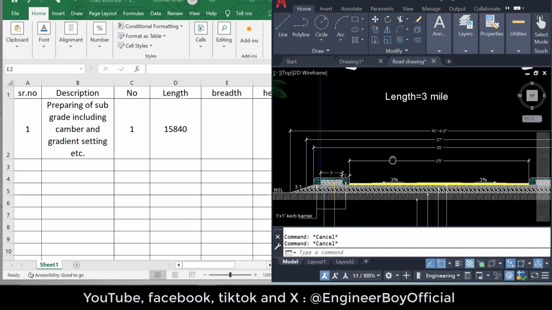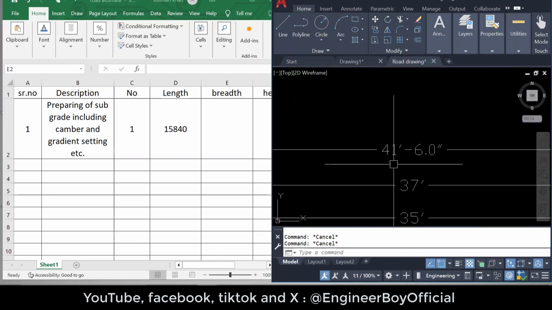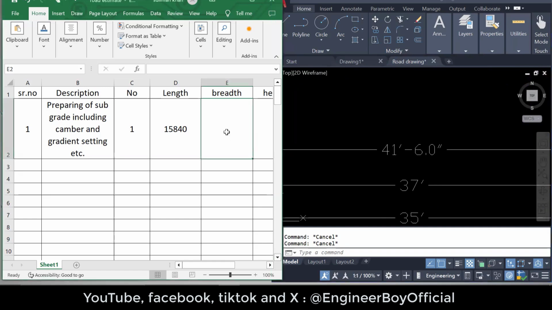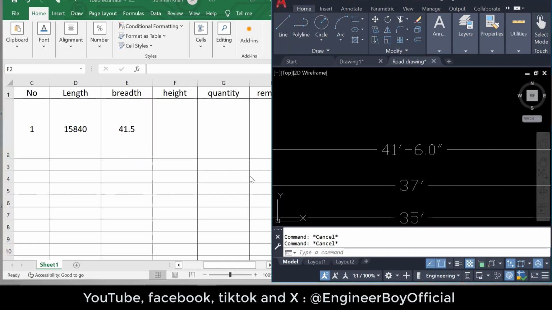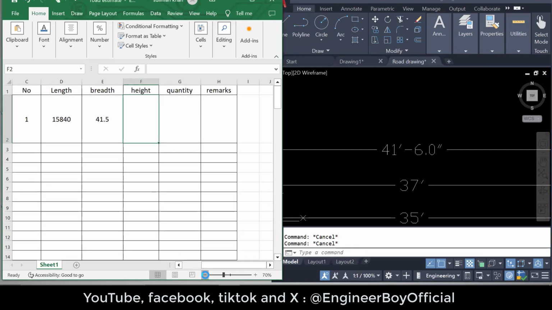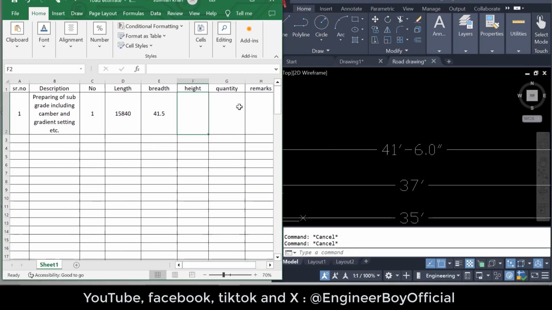So the land width is 41 feet and 6 inches, which means 41.5. Now the height, what should be the height of subgrade? It should be 0, because there is no height, as subgrade is just a natural ground surface which is prepared. So we do not consider the height for it. This is very easy and straightforward. So the quantity is obtained by multiplying these columns, but this time we do not have anything in the 4th column.